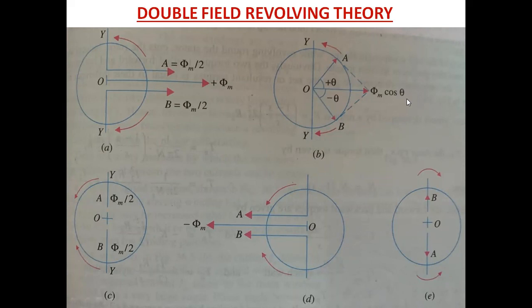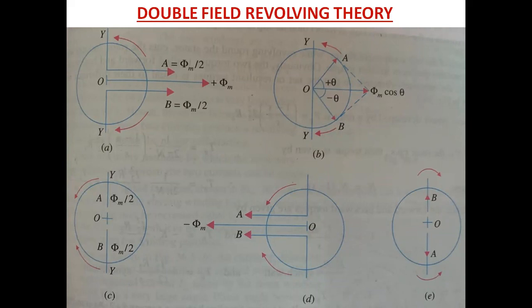After a quarter cycle of rotation, fluxes A and B will be oppositely directed, on the 180 axis. What will the resultant flux be if they are exactly opposite? The resultant flux will be equal to 0.